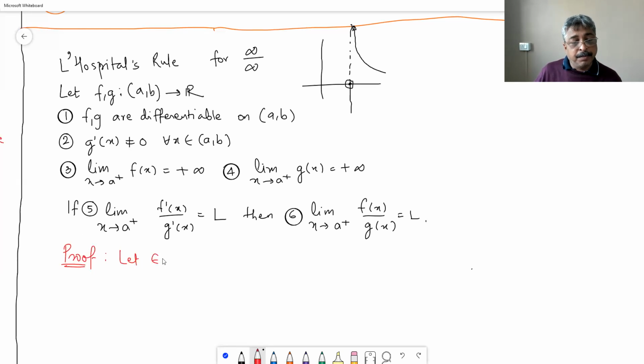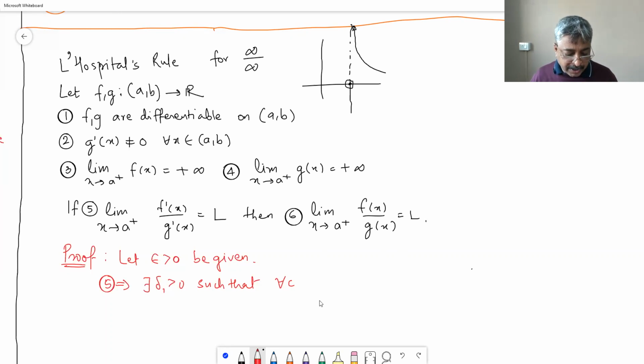Let epsilon greater than 0 be given. What is meaning of statement number 5? Statement number 5 implies there exists a delta 1 greater than 0 such that for every c, I will call that as c now because I want to use x for some other purpose.